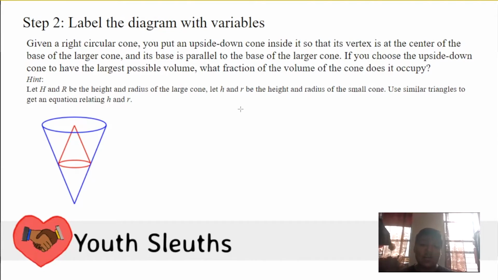So in the next slide, we will label this diagram with variables. On this slide, we will label the variables for this diagram using the hint. So we could begin by looking at big H and big R, which should be the height and the radius of the large cone. So we begin labeling the height and the radius. Thanks to the hint, we could see that this one would be H and this line would be big R. Then we continue, and small h and small r should be the height and the radius of the small cone.